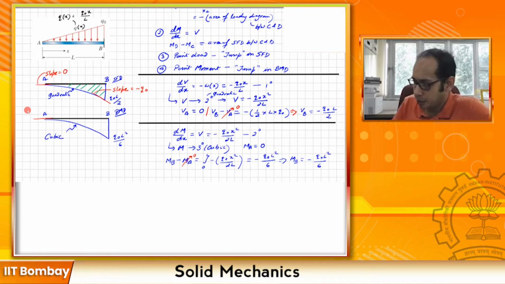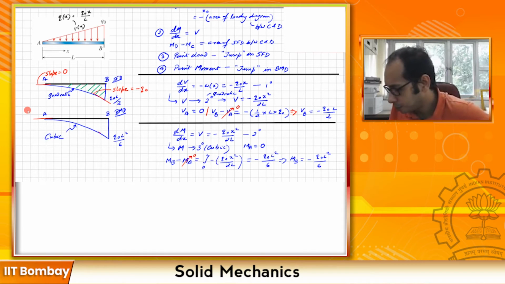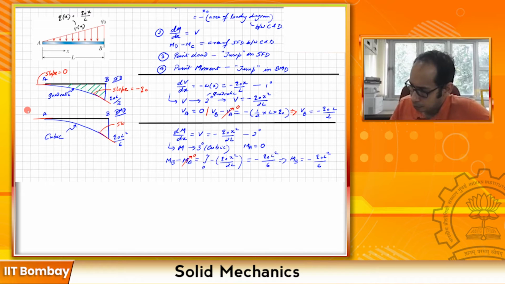And here what is going to be the slope? Same, dM/dx. I'm trying to calculate the slope at B, which will be equal to the V at B, which is equal to q naught L over 2. So here the slope is going to be q naught L over 2 at this particular point.